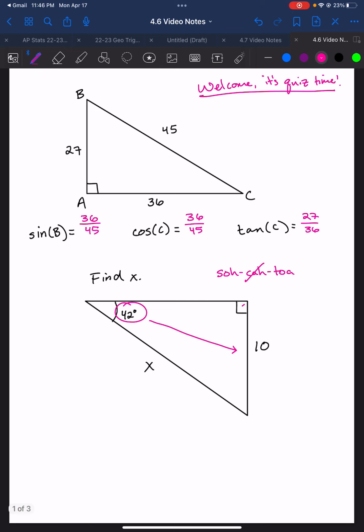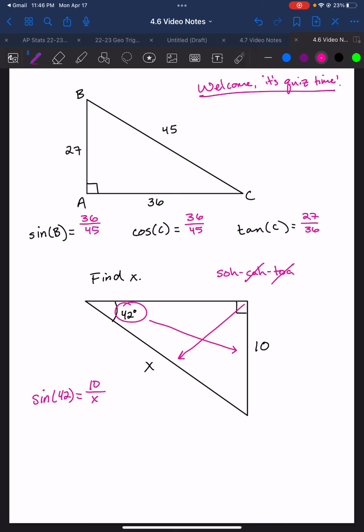And they give me the hypotenuse. So tangent's out. Which means I'm going to write this as the sine of 42 equals opposite over hypotenuse. And then I just need to solve for my x value.